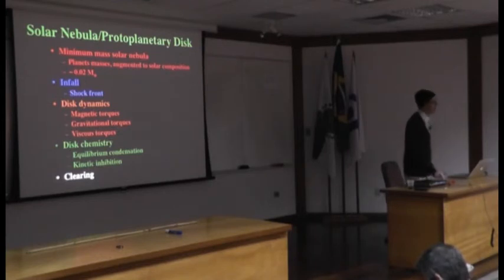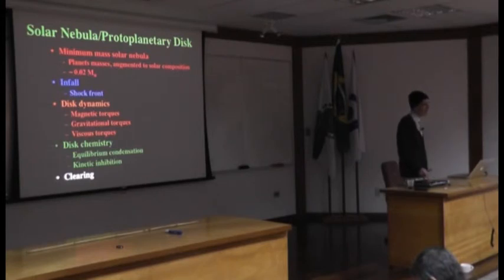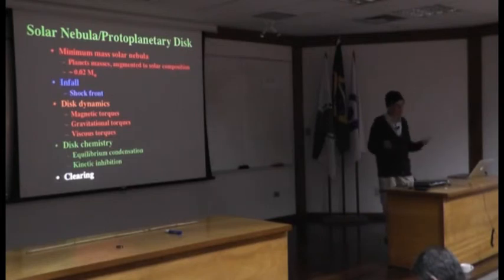Disks are very common around stars less than 1 million years old. They're not very common around stars greater than 3 to 5 million years. And these disks are generally seen in dust, but if you have gas, you can't really get rid of all the dust, because if you grind the grains, then the dust is just going to be held around by the gas.